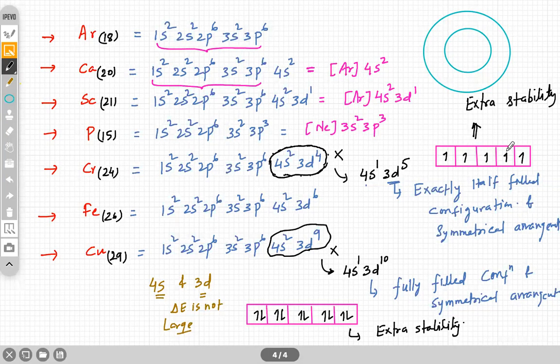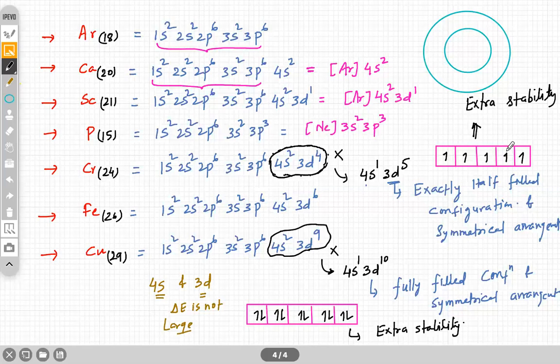Like this, we say that fully filled and half-filled configurations have lesser energy. Overall, the energy decreases and stability increases. See, all are electrons, right, Anurag? So if you have an unsymmetrical distribution, correct, there will be some repulsion between the electrons. We have to find the arrangement where the repulsion is minimum.